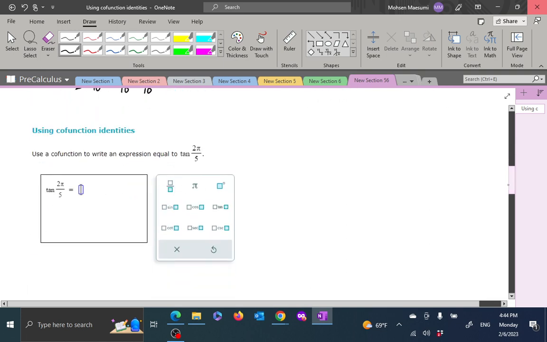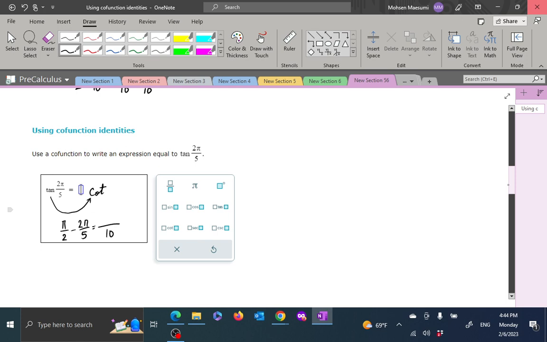Let's try another one. How about tangent of 2 pi over 5? So what is the cofunction of tangent? Well, it's cotangent. And how about the angle? We say pi over 2 minus 2 pi over 5. Again, we take a common denominator.